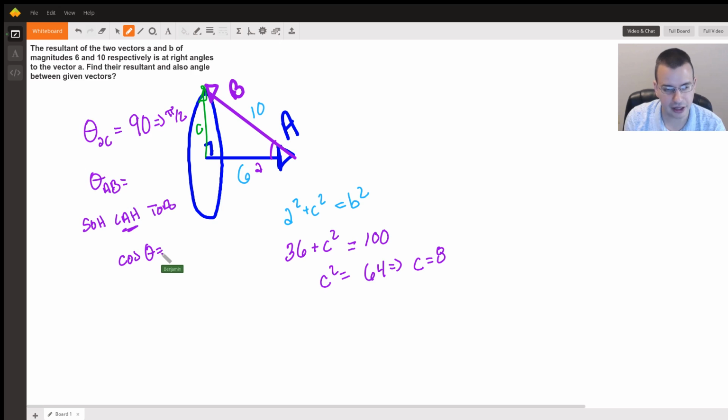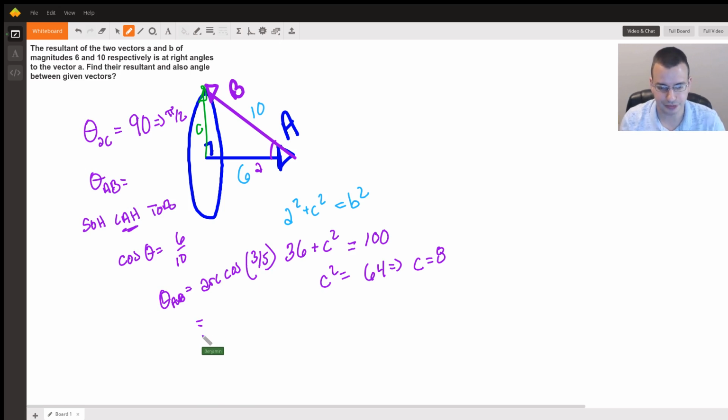Cosine of theta, adjacent over hypotenuse, would be 6 over 10. So to find theta AB, we'd do arc cosine of 3/5, but that's just 6/10 reduced. And for this, I'm going to use Wolfram. Arc cosine of 3 over 5, and we get 53 degrees.